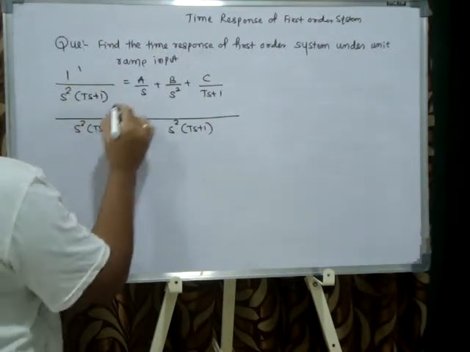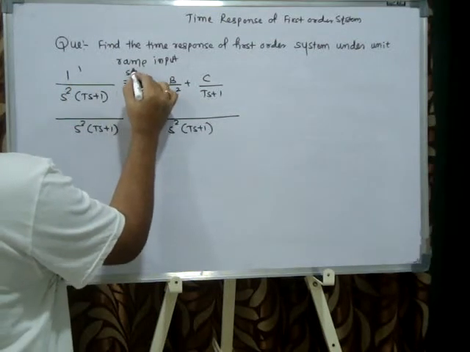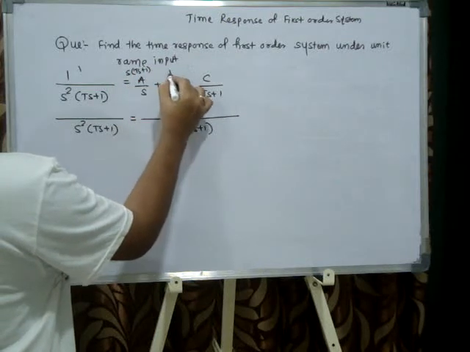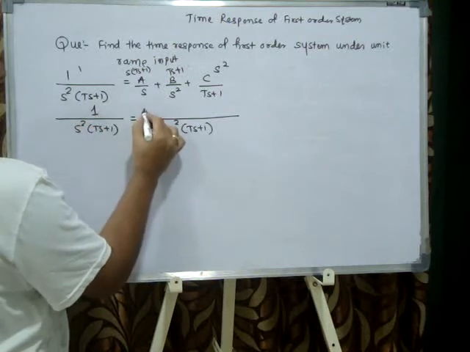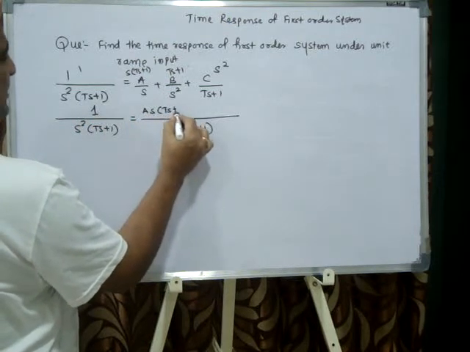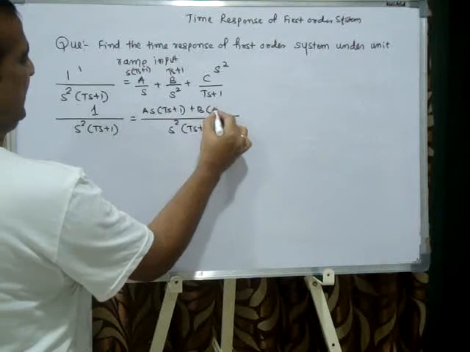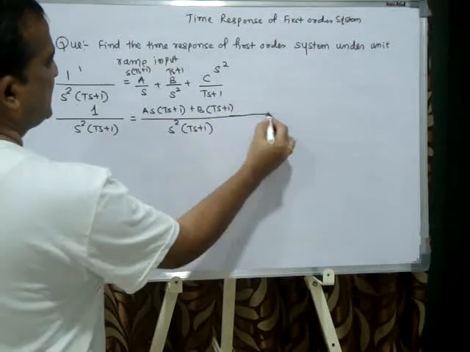So here 1, here s into Ts plus 1 times A, plus B into Ts plus 1, plus C s square.